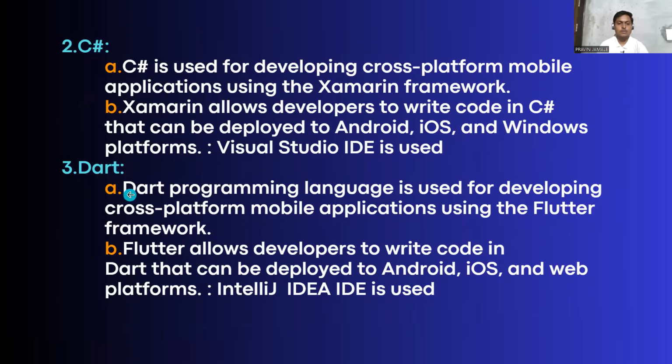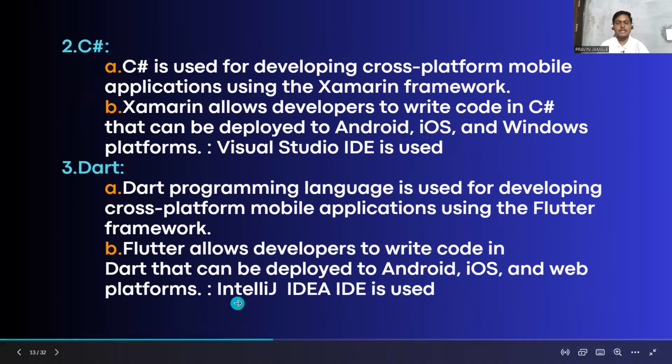The third programming language is Dart, with the Flutter framework. Flutter allows developers to write code in Dart that can be deployed to Android, iOS, and Windows. Here the IDE is usually IntelliJ IDEA.